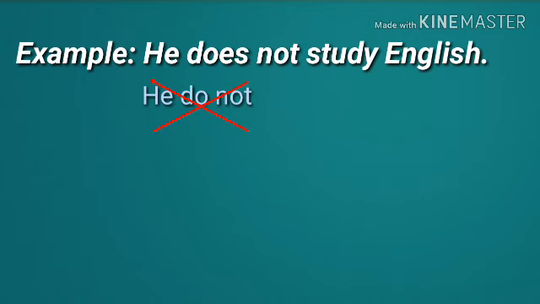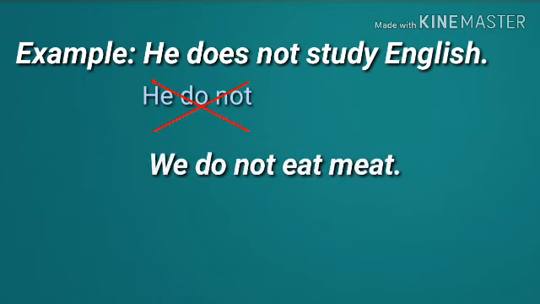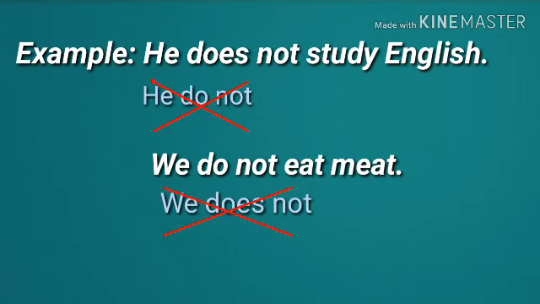One more example. We don't eat meat. So in this case, we use don't with we. We don't say we doesn't eat meat, because the pronoun we always takes the plural verb. So we have to say, we don't eat meat.